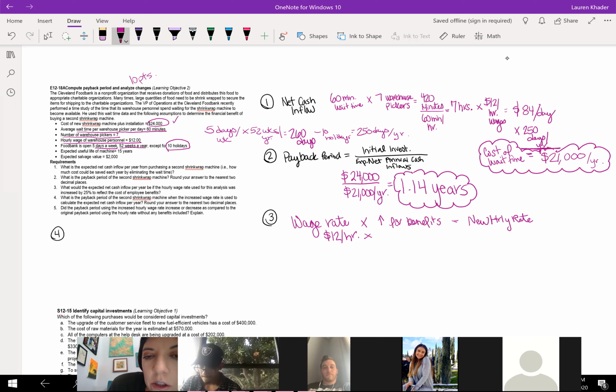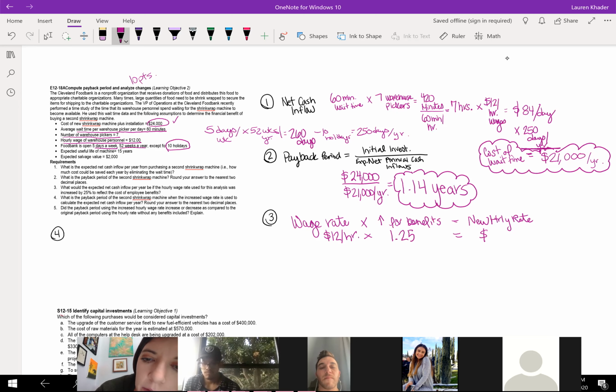So $12 per hour times a 25% increase would give us what new rate? I'm going to use 1.25 so that we don't have to do 2 calculations.